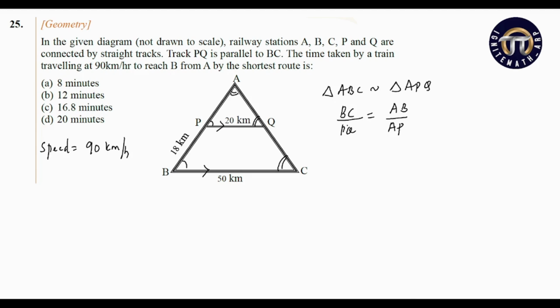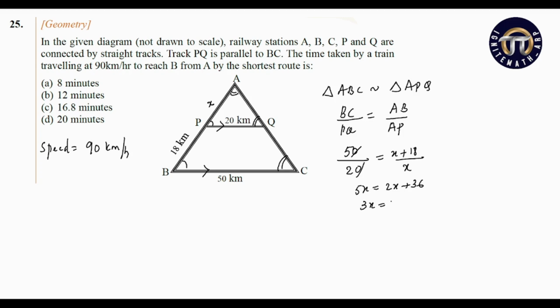What is BC over here? BC is equal to 50. PQ is equal to 20. AB, I know PB is 18. I will take AP as X. So AB becomes X plus 18 and AP is X. So now let me find the value of X. This 0 gets cancelled. 5X is equal to 2X plus 36, I get.